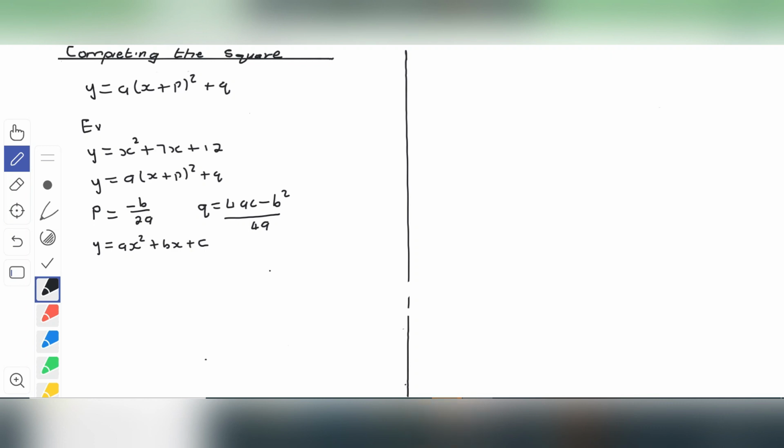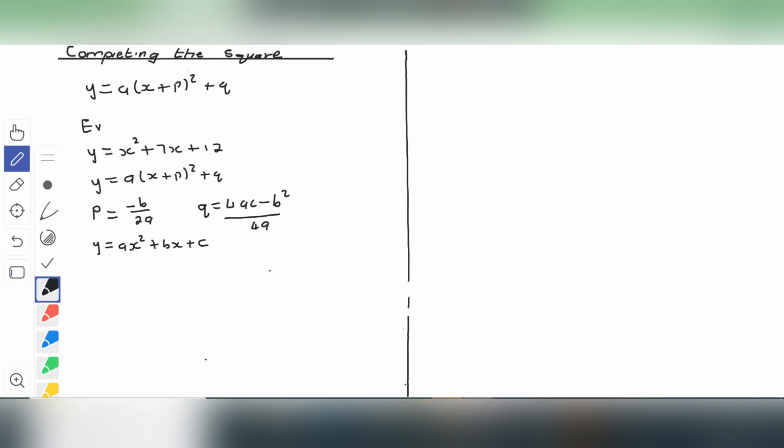We can see that a is the coefficient of x squared, which from our given equation is 1. b is always the coefficient of x, which here is 7.